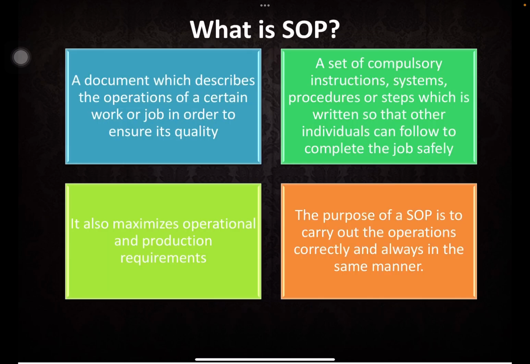So what is it about SOP actually? We are going to look at the general definition for SOP. SOP is a document which describes the operations of a certain work or job in order to ensure its quality. So number one, why we need to have SOP is to maintain the quality of the work or the production.